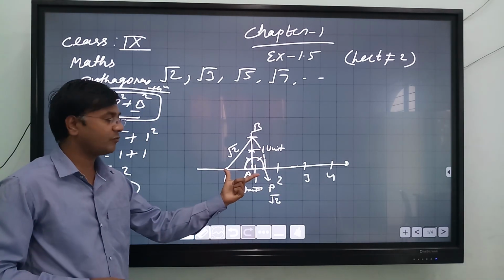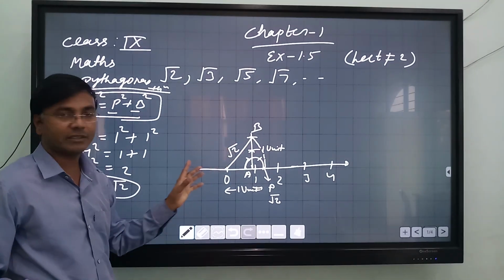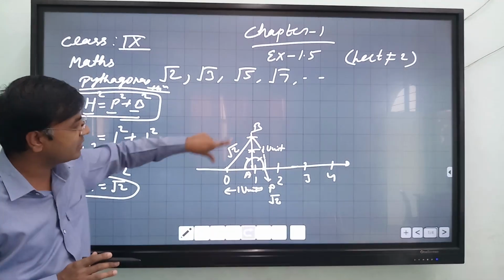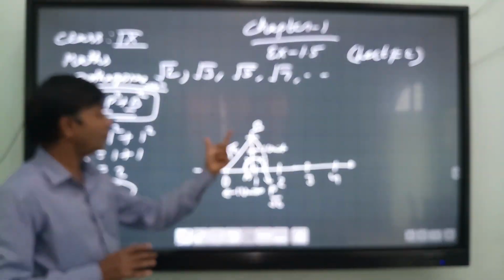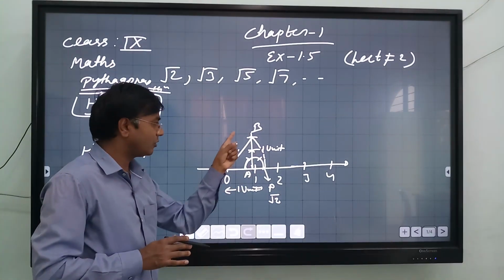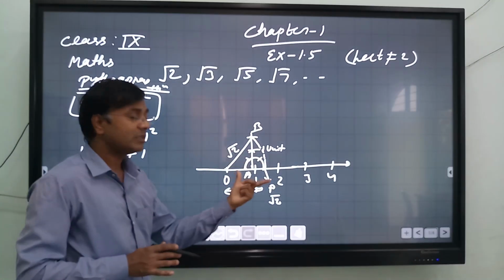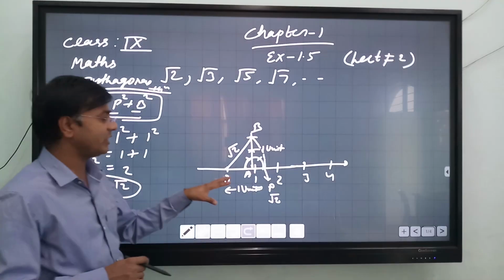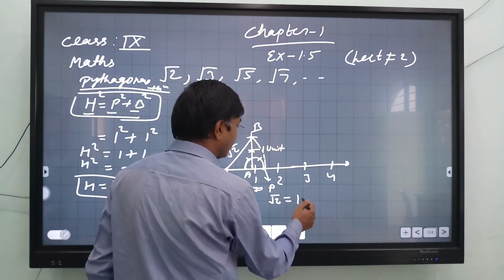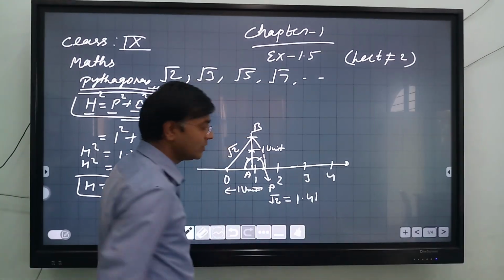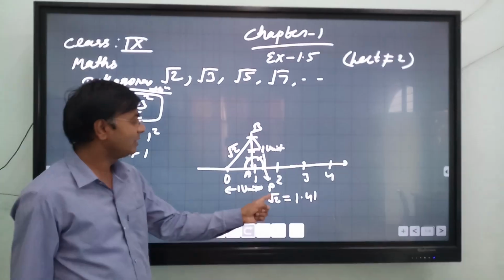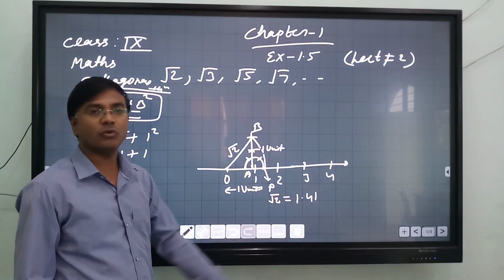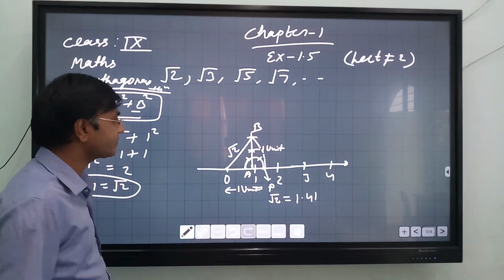We can read from here, because here we can't read the length directly. To measure this, draw an arc with the same length. Even you can measure this geometrically. This will be 1.41 something. Measure with the help of a scale, and you will see it is near about 1.41.